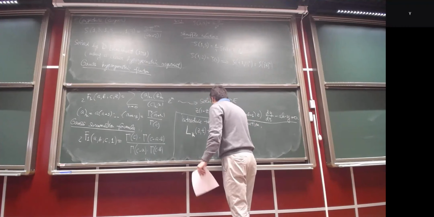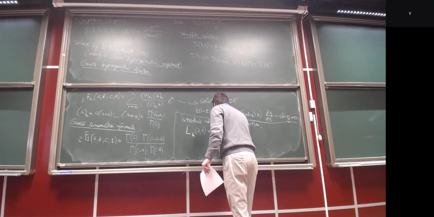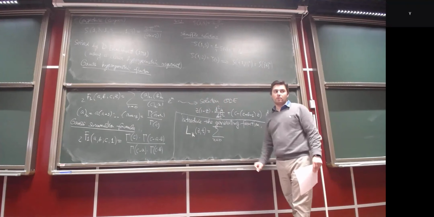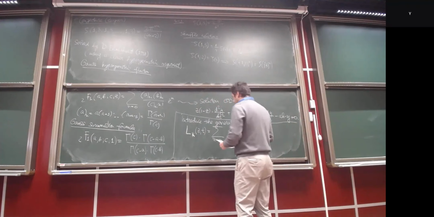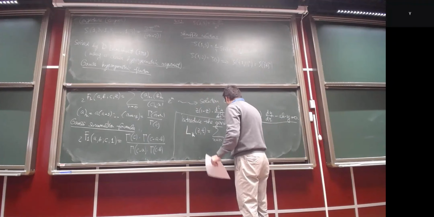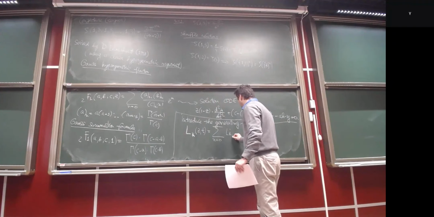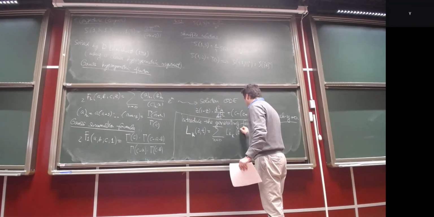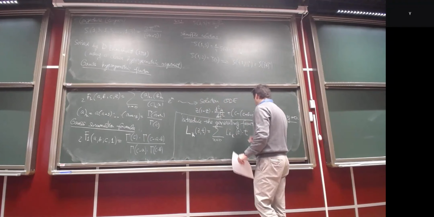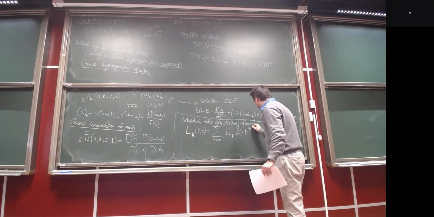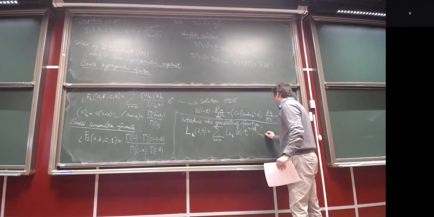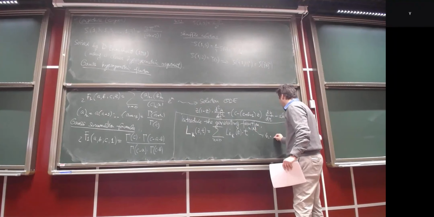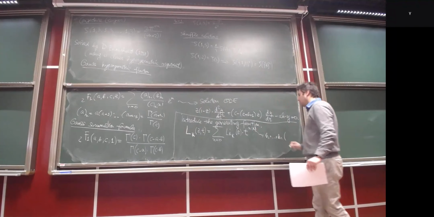I'm going to introduce it in terms of the multiple polylogarithm of k1, up to kr, of z, times t to the power of the absolute value of k, which is the weight, k1 plus k2 plus up to kr.